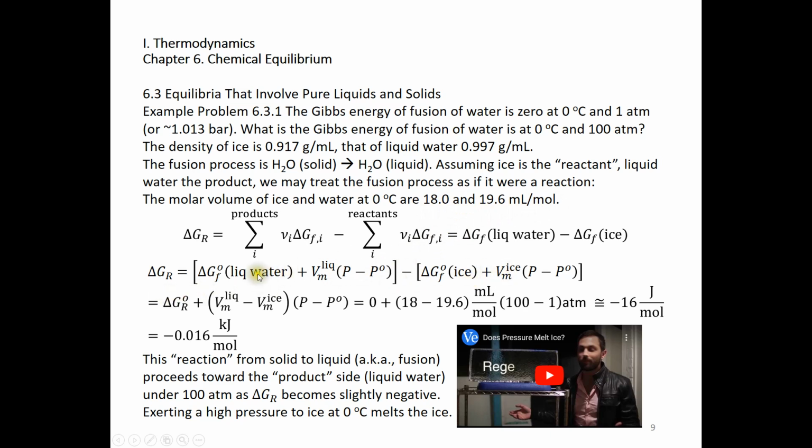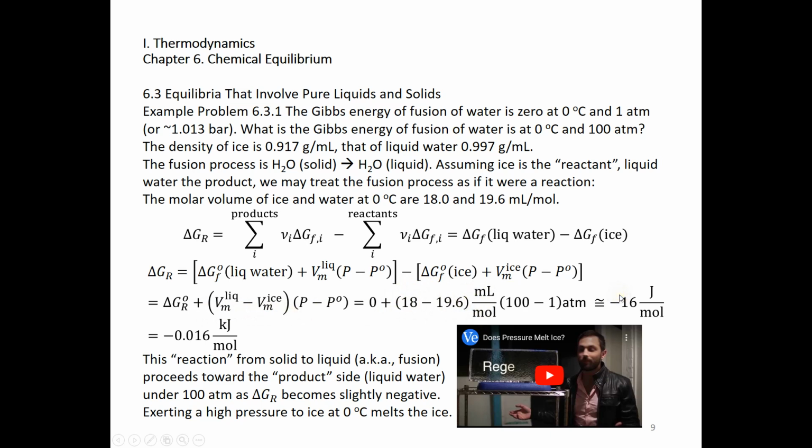And now we can combine this term and this term. We will get the standard Gibbs energy of reaction for this fusion, and also the molar volume of liquid minus the molar volume of ice times P minus P naught. P minus P naught is roughly 100 atm. And now we need to look at the molar volume change. It's small, roughly 1.6 milliliter per mole.